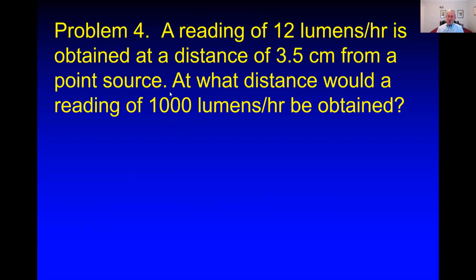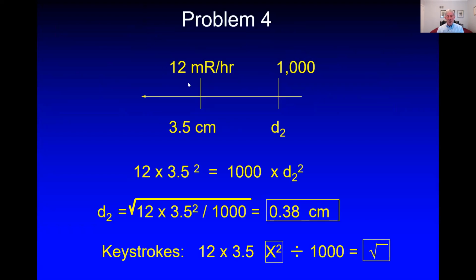Now, if it went from 12 to 100, it went up by a factor of almost 90, probably 88 or 90. So the distance has got to be very small, probably less than 1, I would take a guess. So here's the setup. 12 times 3.5 squared is 1,000 times d2 squared.